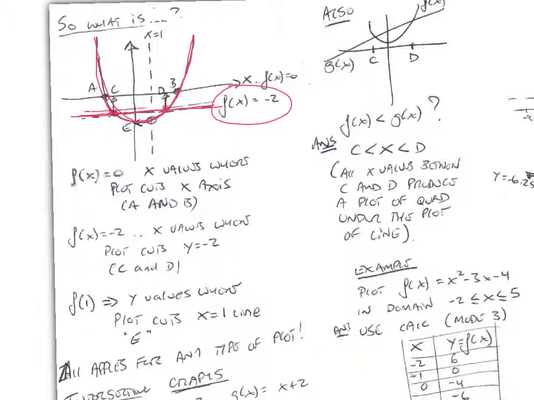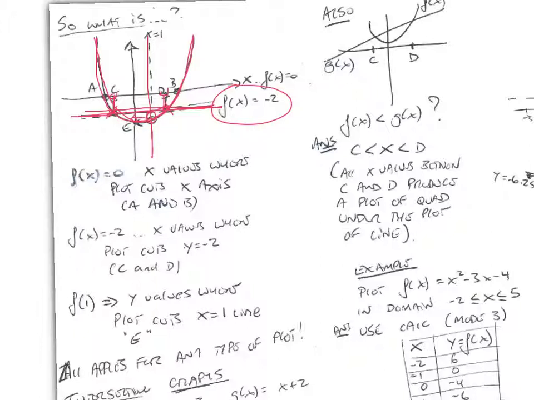Where does that line cut the graph? And you're finding the values along the x-axis for that particular case. Or you might be asked to find f of 1, so you draw a line at x equals 1, you see where it cuts the graph and you find the corresponding y value.